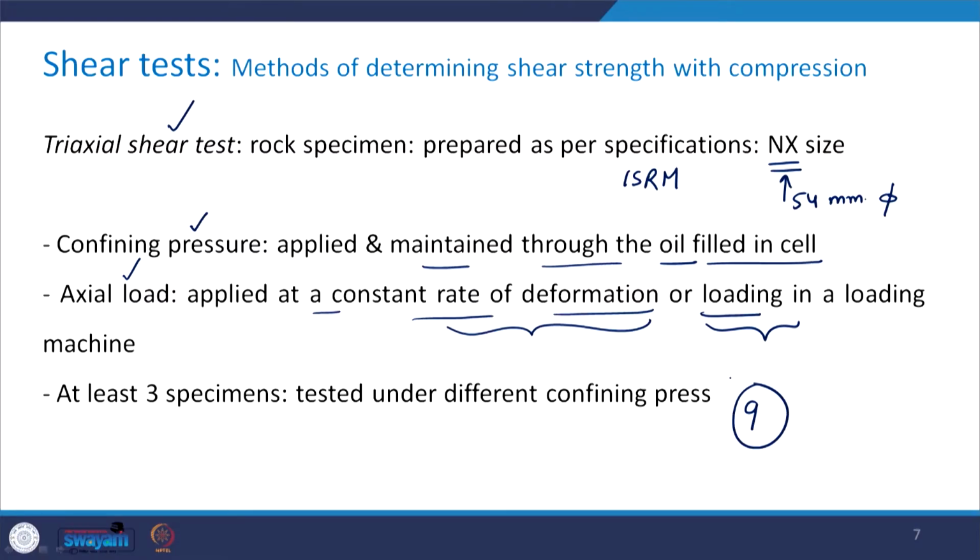So, ideally one should have a total of 9 tests to complete one triaxial test. However, if you do not have that many samples, then at least 3 specimens each at different confining pressure should be tested to complete one triaxial shear test and to obtain the shear strength parameters of the rock.